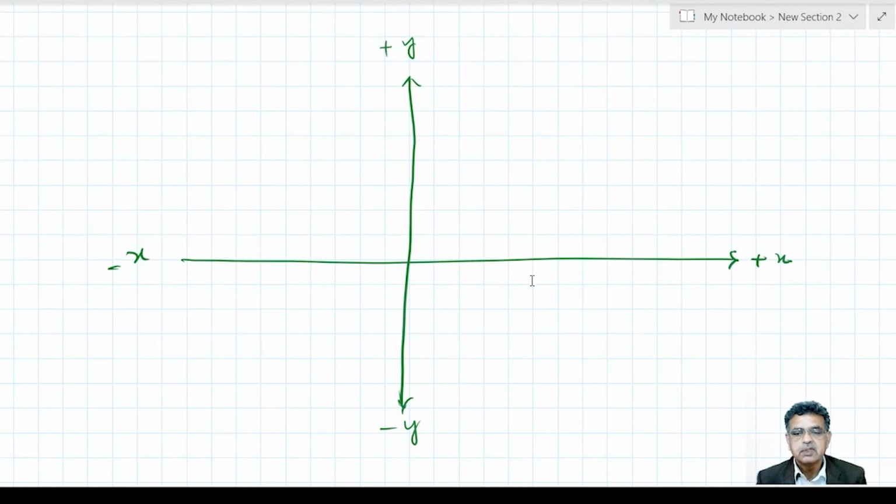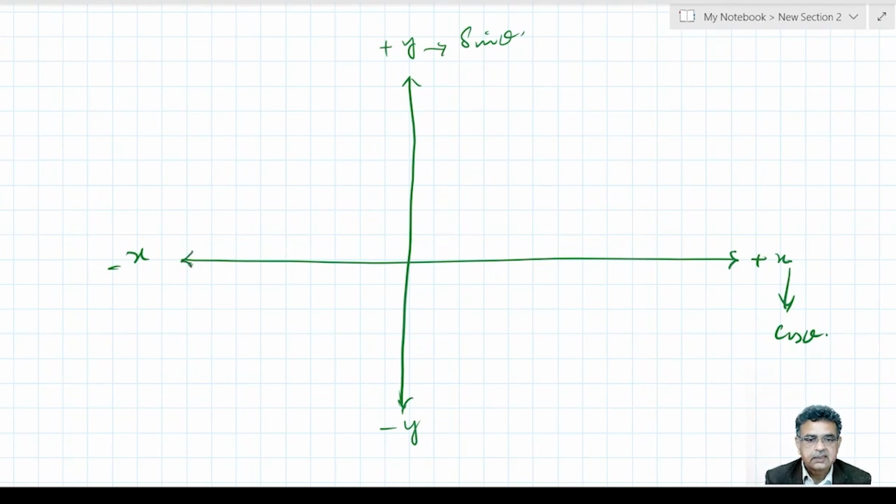This is very important to understand and keep in mind, because we always relate the values of cos theta and sin theta, at least, with x and y. So x is related to cos theta and y is related to sin theta.